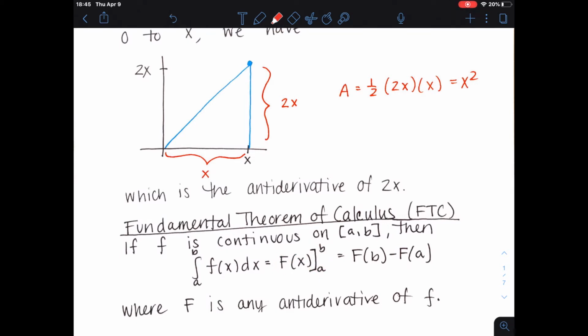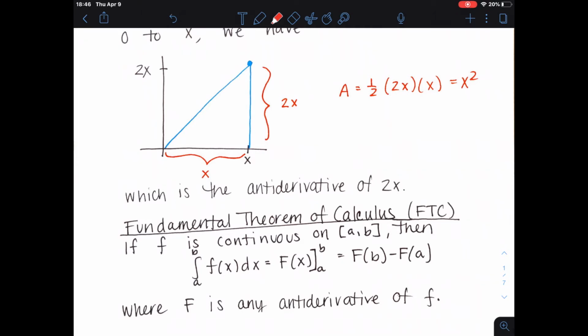So all this means is we're going to take the antiderivative, evaluate it at the endpoint, subtract the antiderivative evaluated at the initial point. And the nice thing is this capital F can be any antiderivative. You don't have to consider the most general one. It's going to be any one you want. So you can automatically pick C to be 0.